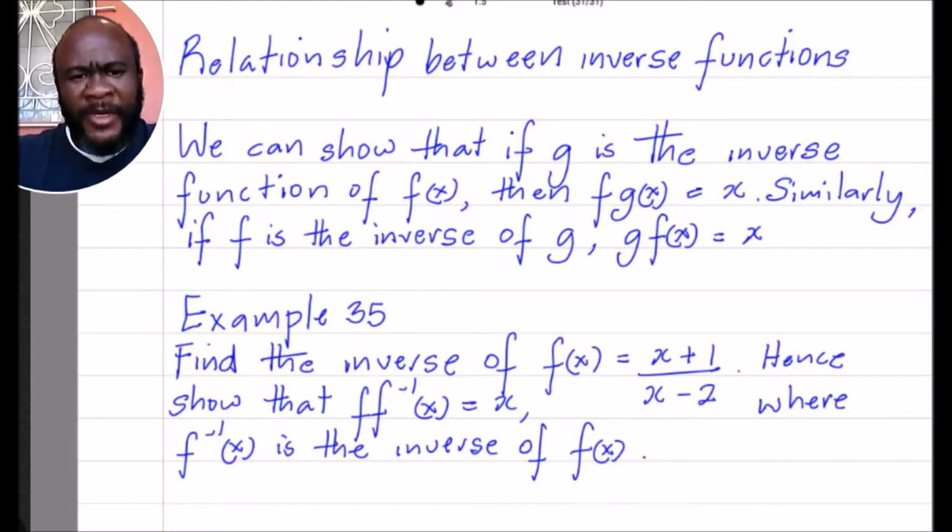Similarly, the composite function f of f inverse is equal to x. Similarly, if f is the inverse of g, then g of f of x is equal to x. In other words, g of g inverse of x is equal to x.